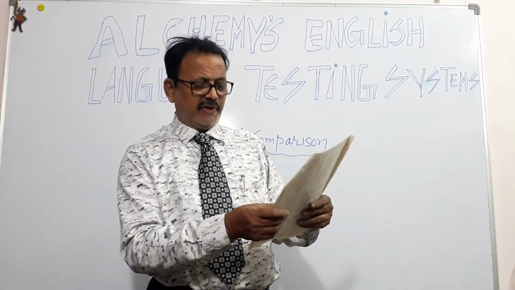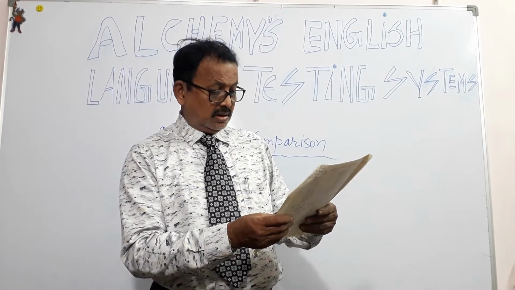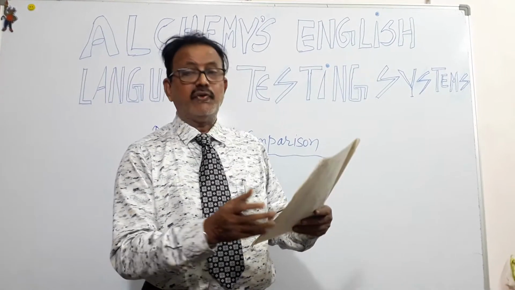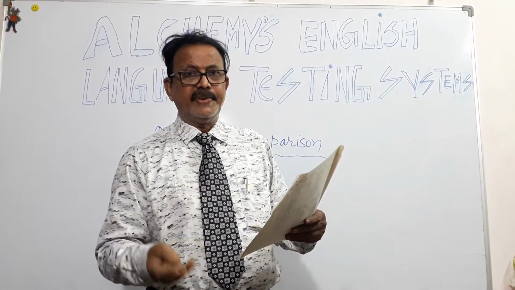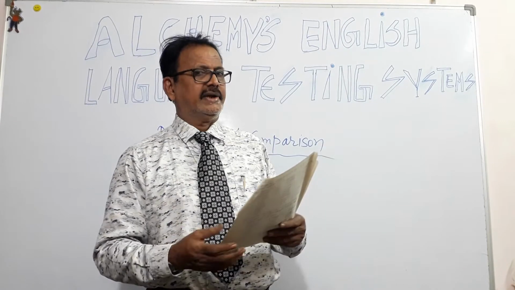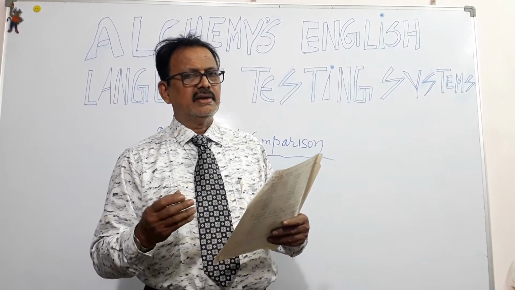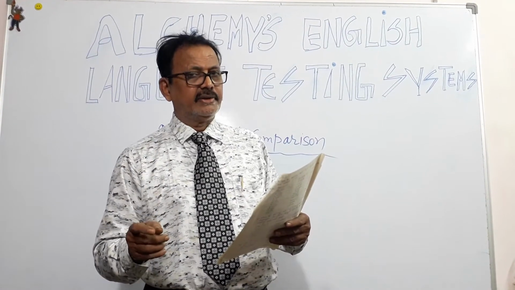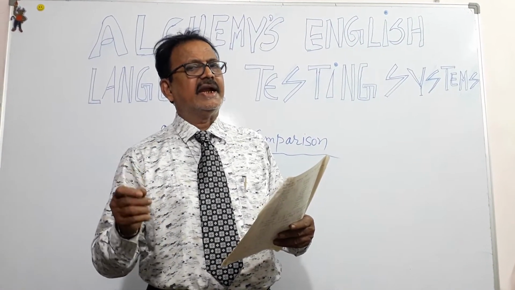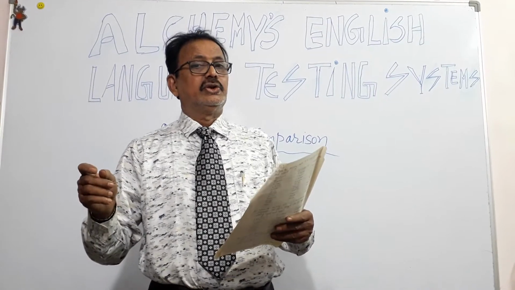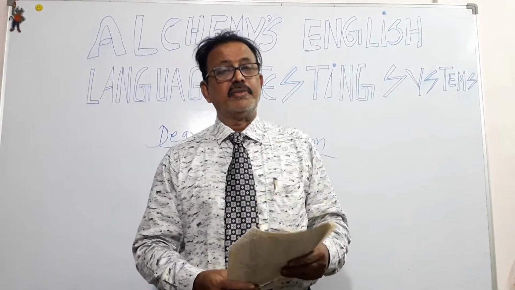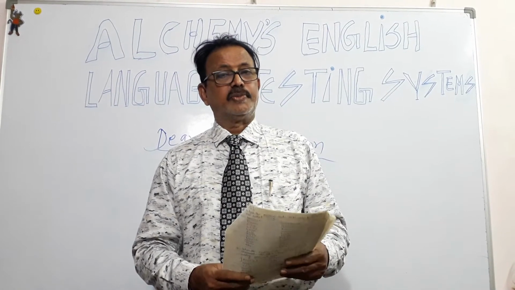Most adjectives of one syllable form their comparatives and superlatives by adding er to the comparative and adding est to the superlative, and thus they form comparatives and superlatives.